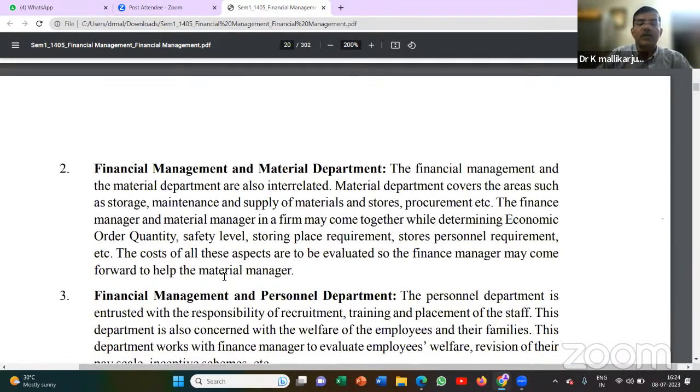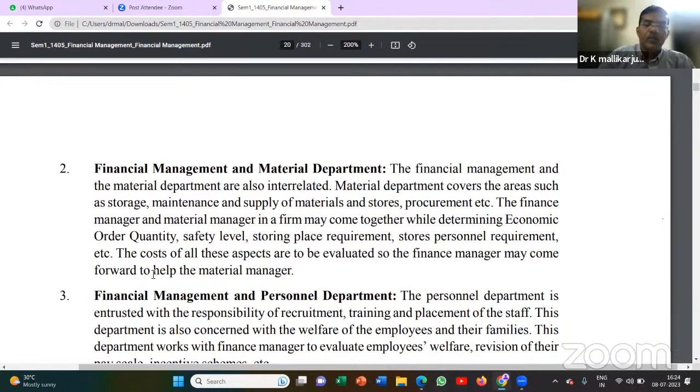Financial management also helps with the material and procurement departments. How much raw material is required this year? How much material must be maintained, since a shortage would affect company sales?